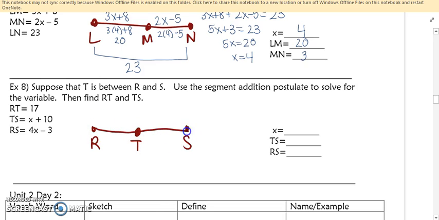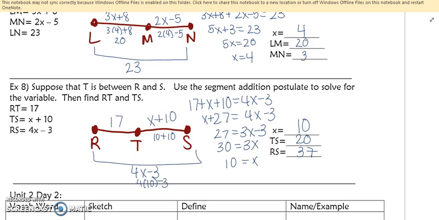Create that segment, maybe create a more straight line, and label those segments to create your segment addition equation. Okay, give it a shot, pause the video, come back to it. Okay, these are the measures for x, for TS, and for RS that you should have gotten.